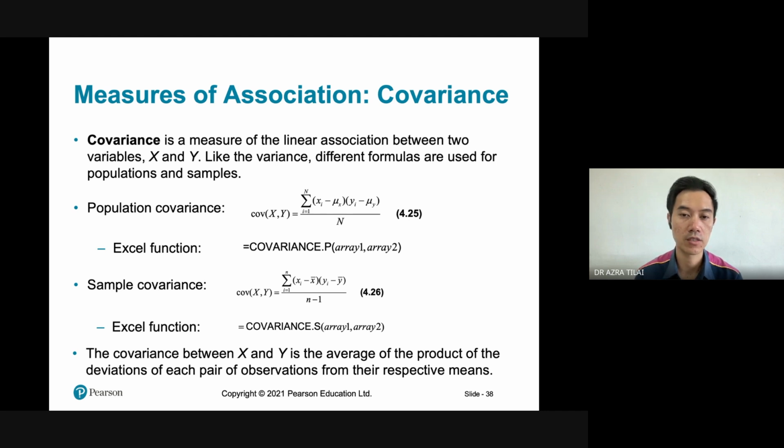You just press the equal sign in Excel, type covariance, and highlight the column or the row that you wish to know the covariance of. Normally covariance will have two ranges. You need to highlight two ranges because you want to know the association.